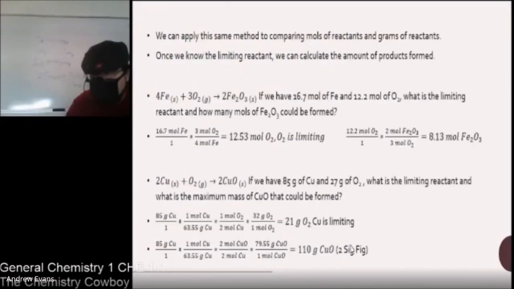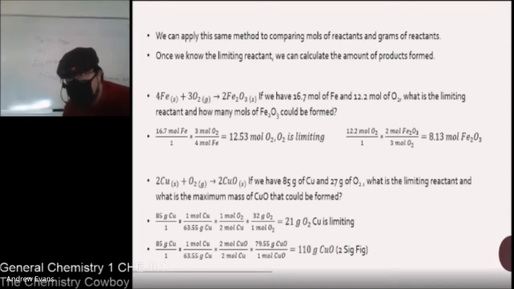Now, where we're going to eventually go is to here, where we're going to have to do it from grams to grams. We're going to look at moles of reactants to grams of reactants. Once we know the limiting reagent, we can figure out how much of a product is formed. So this example right here, 4 iron plus 3 oxygen goes to 2 iron oxide, is often going to be the example of the question, what is the limiting reactant and how much iron oxide could be formed?